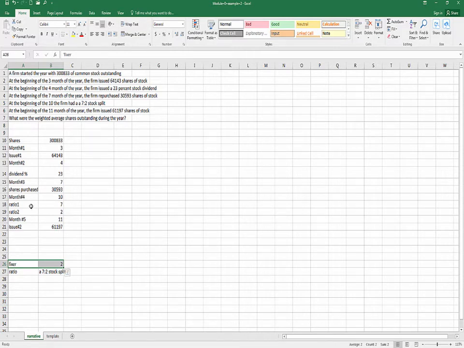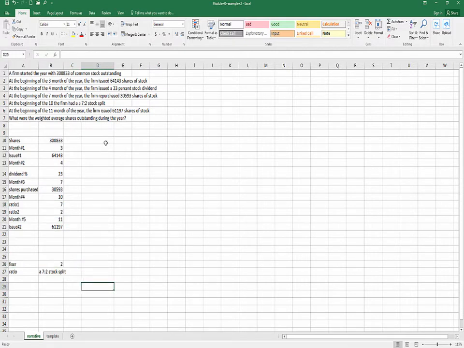I wanted to have a stock split, and stock splits are always a ratio. In this case, 7-2. And what I didn't want to have was the same value for ratio 1 and ratio 2. So I didn't want to have a 5 for 5 stock split, because that's not a stock split at all. So basically, this was simply a device that I used to make sure that these two values weren't equal. It doesn't really have any meaning to you aside from that.